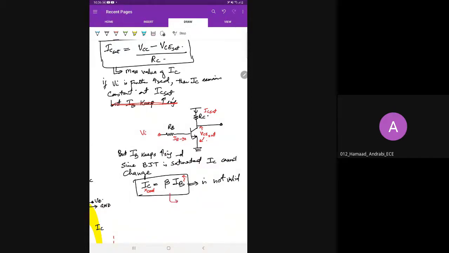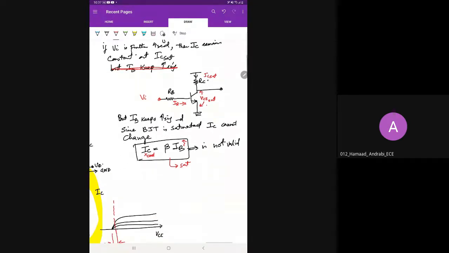So in fact, in saturation, IC is not equal to beta times IB. Okay, so we can say that when BJT is in saturation, beta times IB is in fact greater than IC, because IB increase हो रही है, लेकिन IC change नहीं हो रहा है.